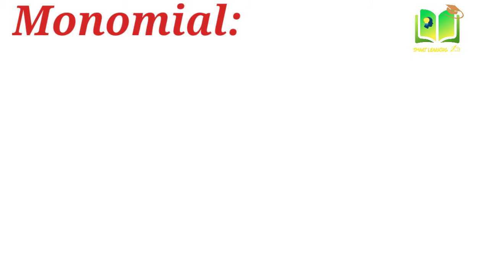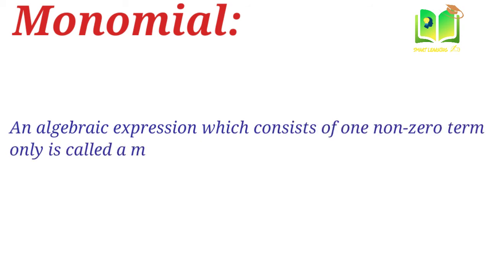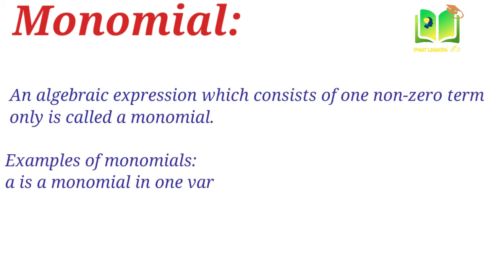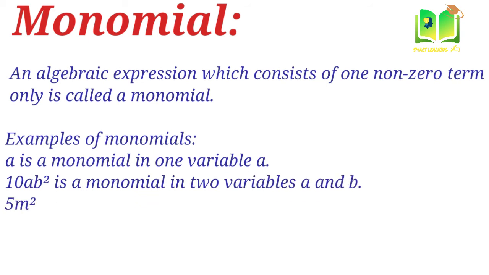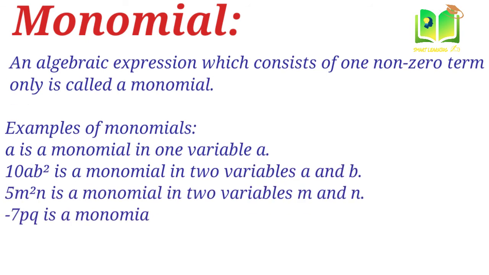Now we will discuss monomial. What is a monomial? An algebraic expression which consists of one non-zero term is known as a monomial. See the example. a alone is a monomial of one variable a. Suppose 5m square n. This one is also a monomial of two variables m and n.